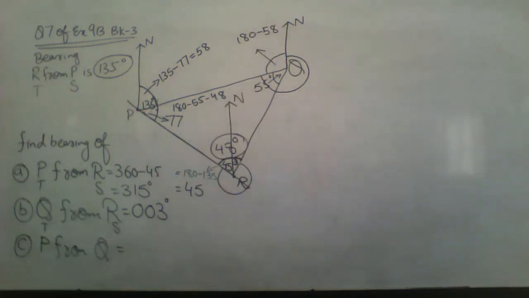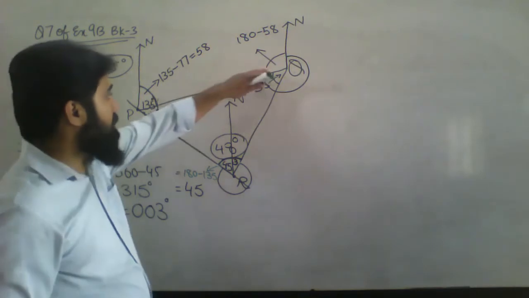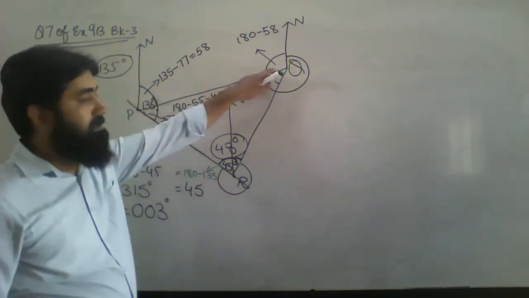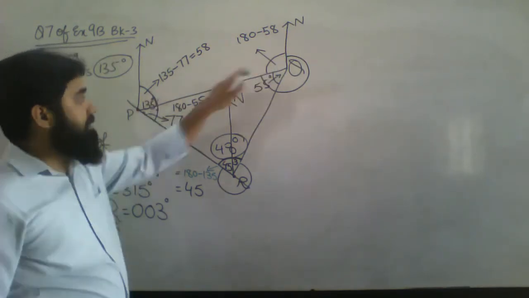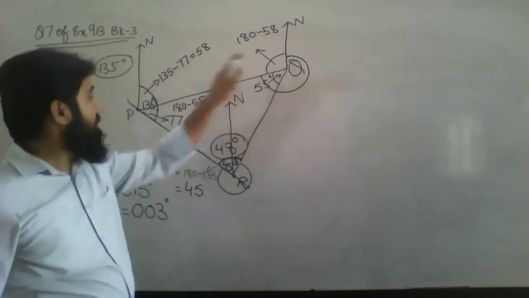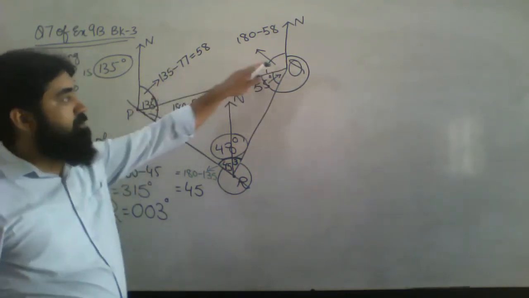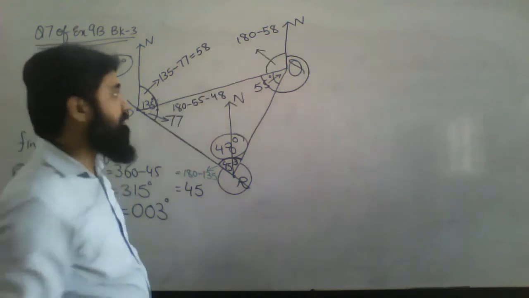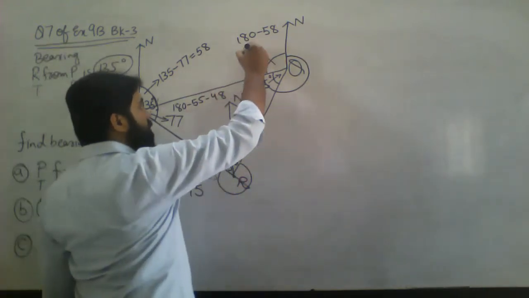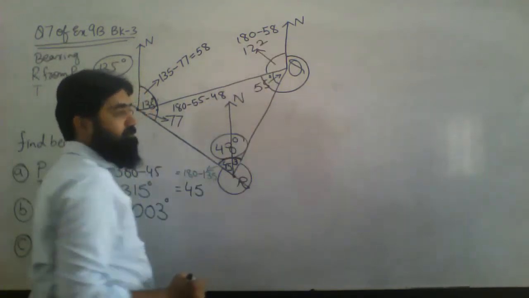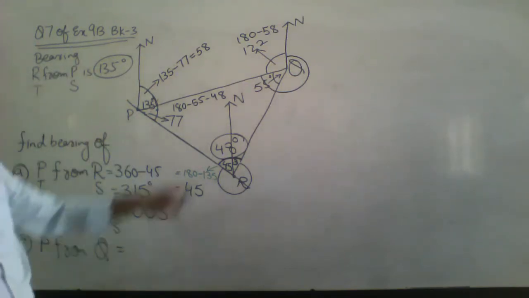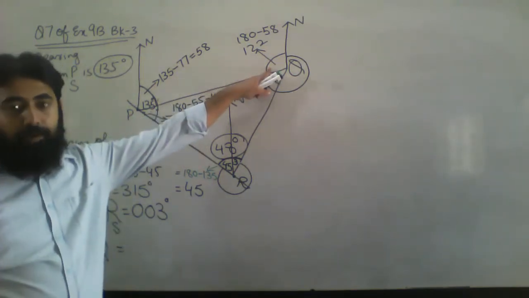I will find it by subtracting from 180, because these two are interior angles, so the sum will be 180. This is coming 58. So when I subtract 180 minus 58, the result is going to be 122.